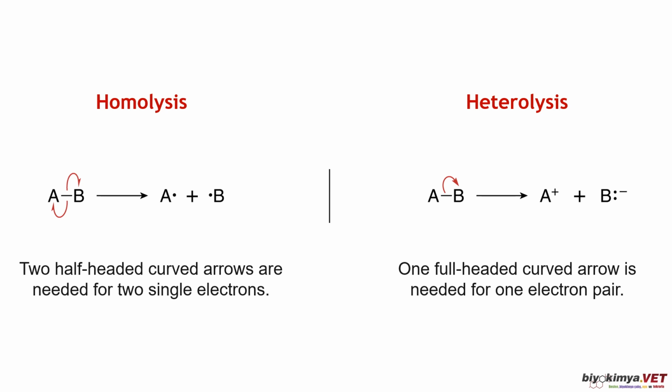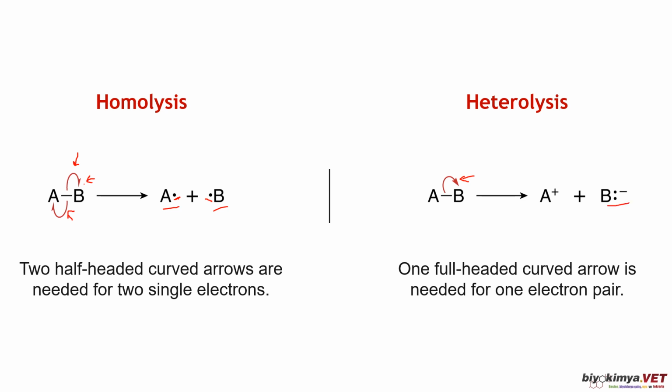So in homolysis, in which the electrons are shared, one by A and one by B, here we use two half-headed curved arrows, look at the head of the arrow, to represent the two single electrons shared equally by A and B. In heterolysis, in which B or A gets both electrons, look at the head, one full-headed curved arrow is needed for one electron pair.